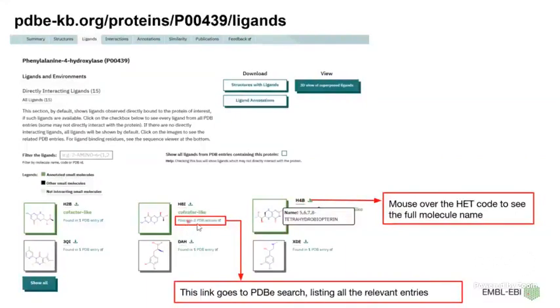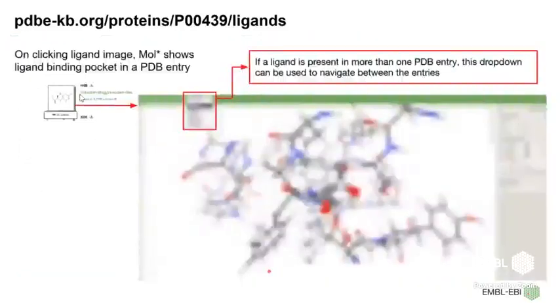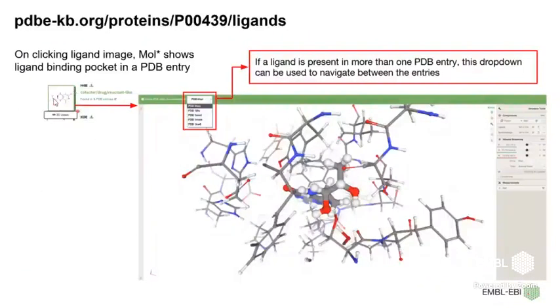Over here, you can see Found in entry, PDB entries, and this link gives you PDB search results listing all these PDB entries. Each image in the ligand gallery is essentially linked to 3D visualization. On clicking on the ligand image, you will see a Mol* window opening, showing you the ligand binding pocket.